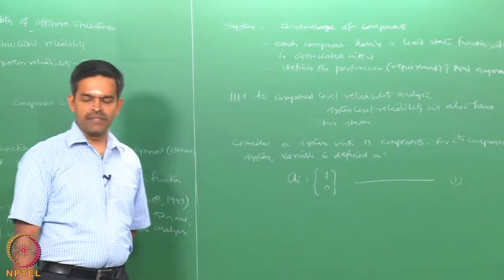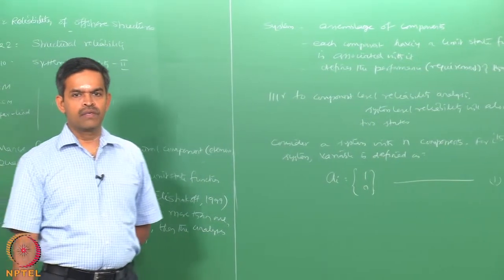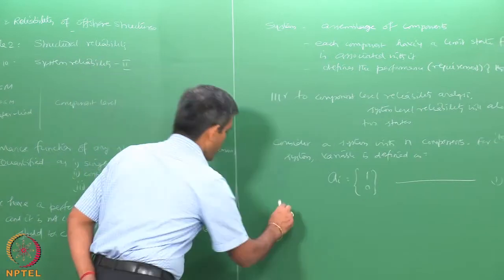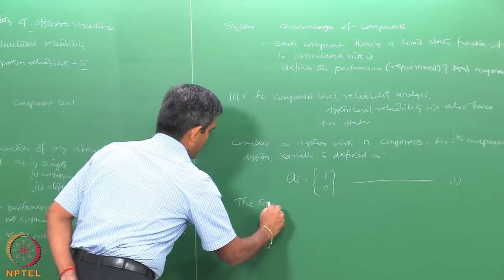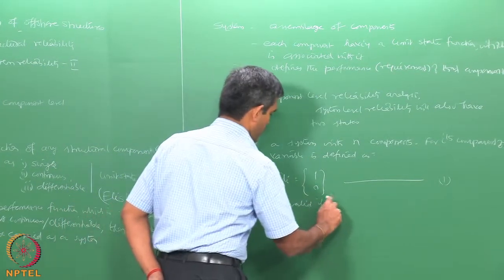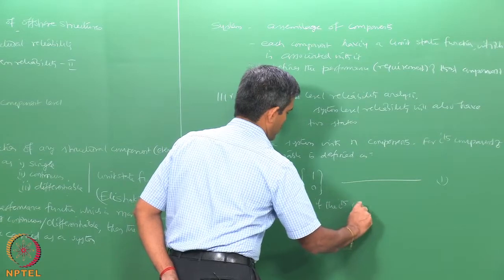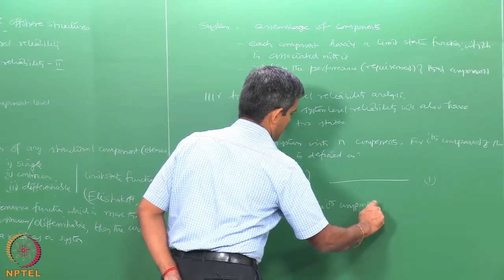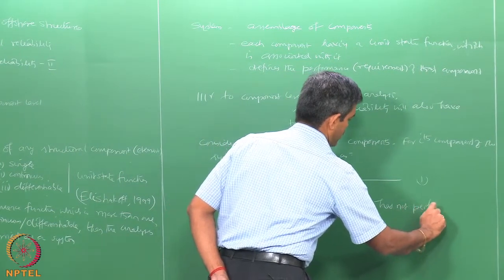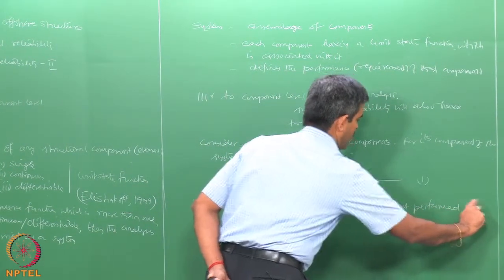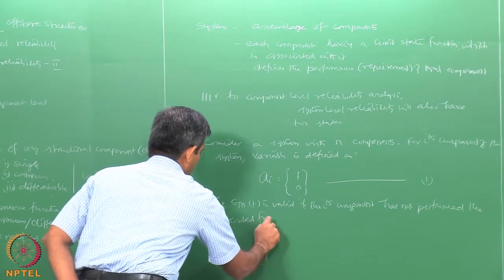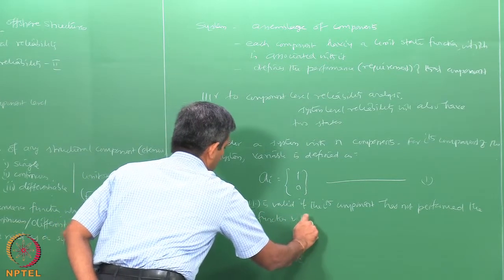This equation is valid if the ith component does not perform the intended function and has failed. The equation 1 is valid if the ith component has not performed the intended function and therefore failed.